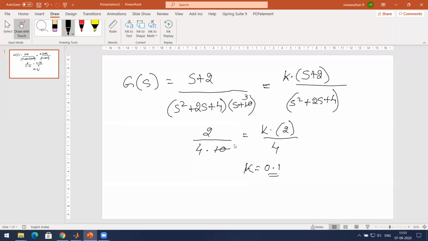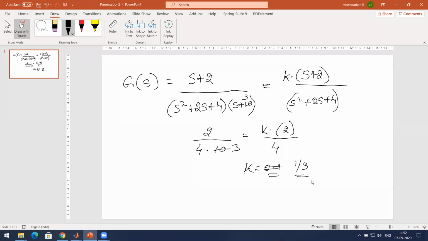This will be 3. Instead of s plus 10, I am putting s plus 3, so what will be k? It will be 1 by 3, sir. 1 by 3. Okay, 0.33.